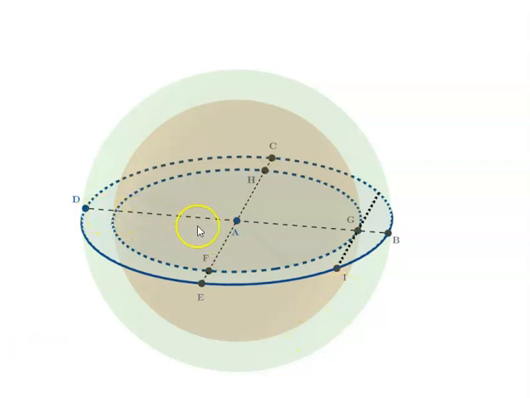Now we start bisecting the circumference BD. So the midpoint of the circumference BD is E. Now this BE is not less than BI. So we now bisect the circumference BE.